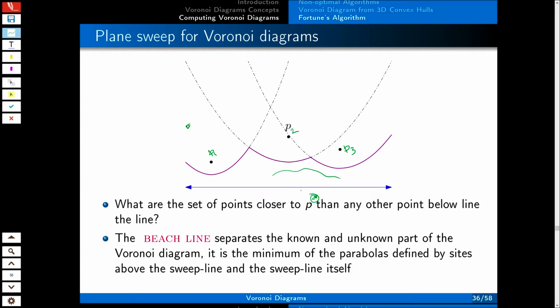Okay. So, there are vertices, or points, at the intersections of the beach line, right? So, this is one such point, this is another such point. Let us see how much you have understood.